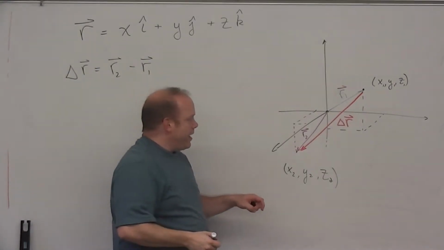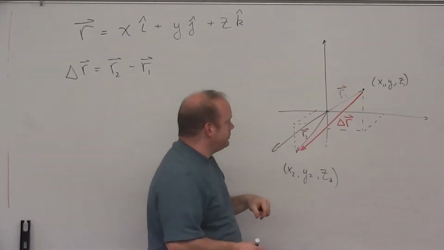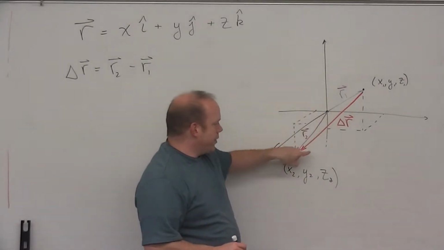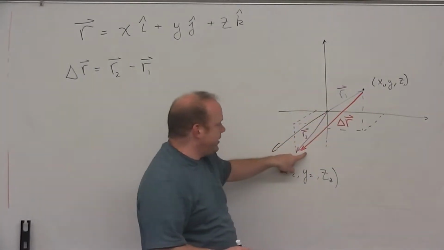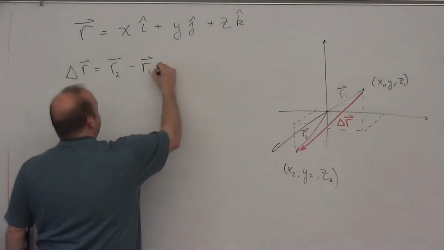And by the way, if you want to, you can line these up head to tail, or just flip this one around, and you can do the graphical representation to show that this is delta R.